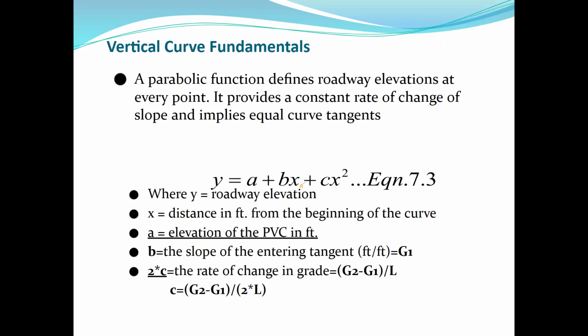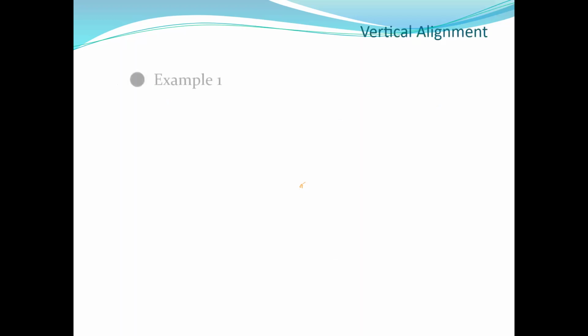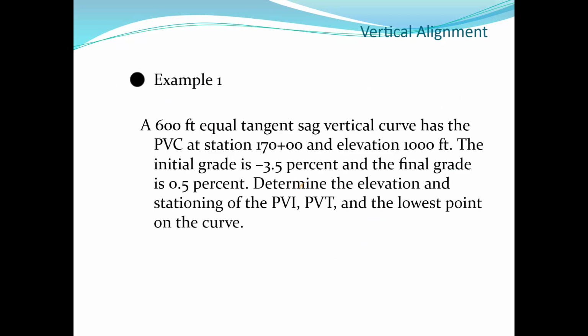Now that you know A, B, and C, you can figure out any point they're asking. Once you know the values of A, B, and C, if you know the X value, you can figure out the Y value.